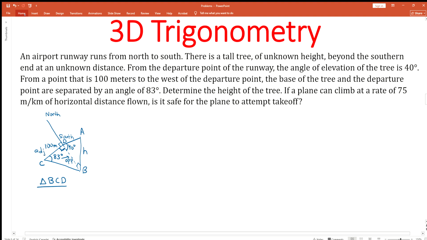As per SOHCAHTOA, we can use tan ratio to find the length of side BD. The formula for tan is opposite over adjacent. The length of the opposite side is unknown. The length of the adjacent side is 100. We can isolate BD on the right side by cross multiplying 100 to the left side.